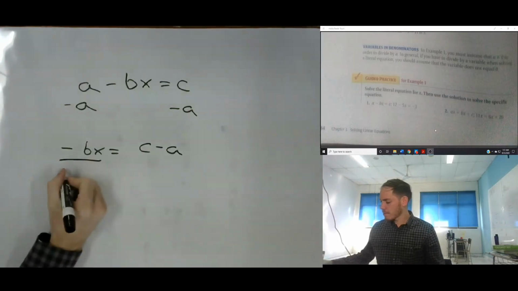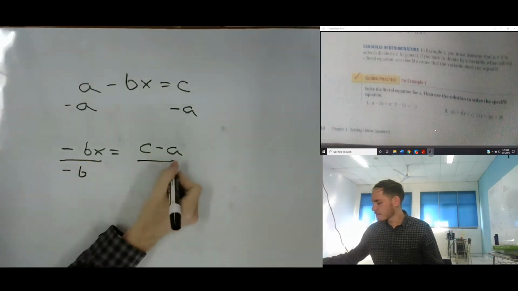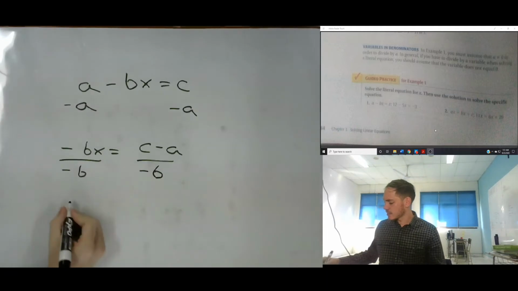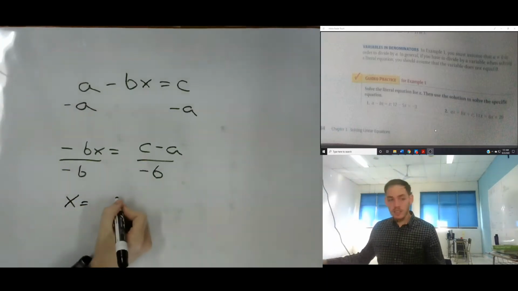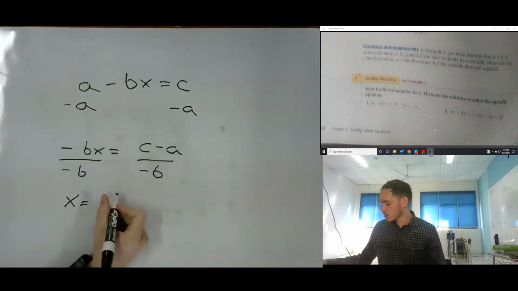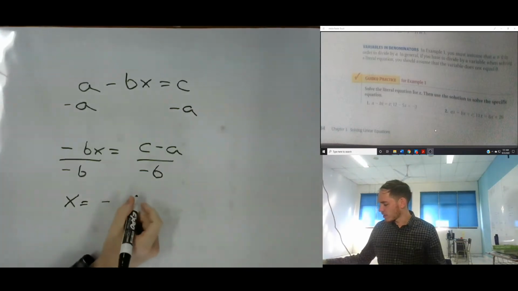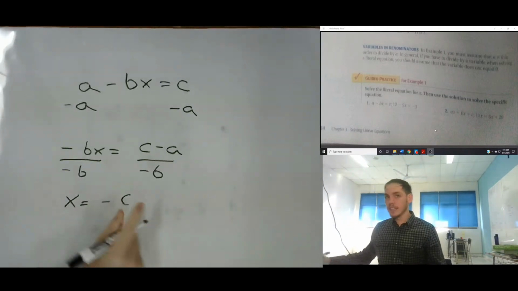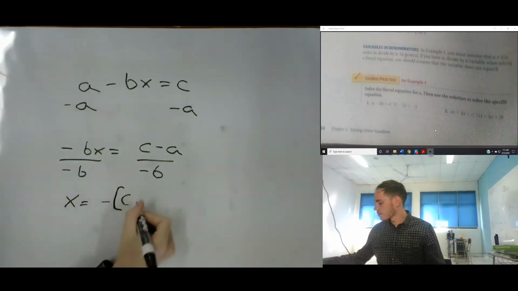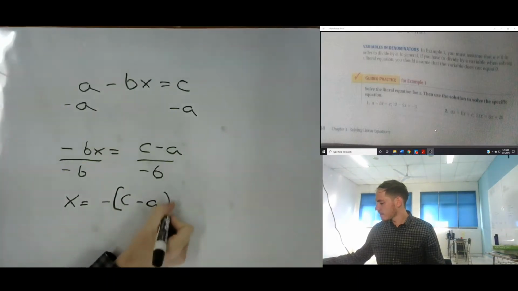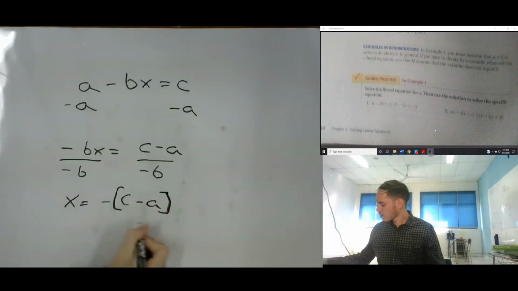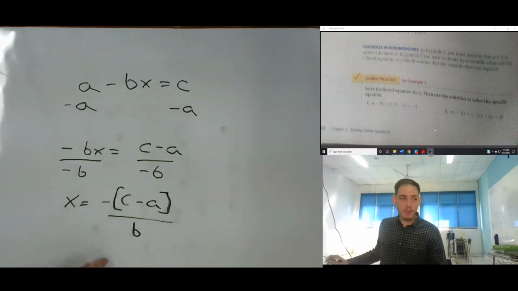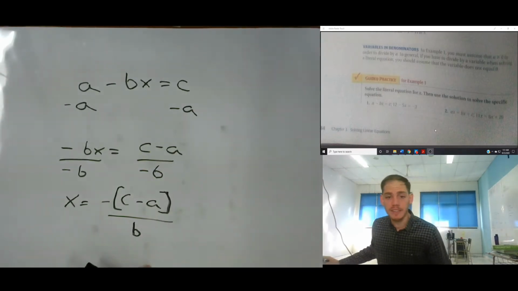Now we're going to divide both sides by negative b, and in this case, that's going to be x equals, and if you have negative b, what you can do is put it to the front, or attach it to the top. So you get negative c minus a over b. The reason why I like to move it back to the top is I really prefer the bottom to be positive. Okay.